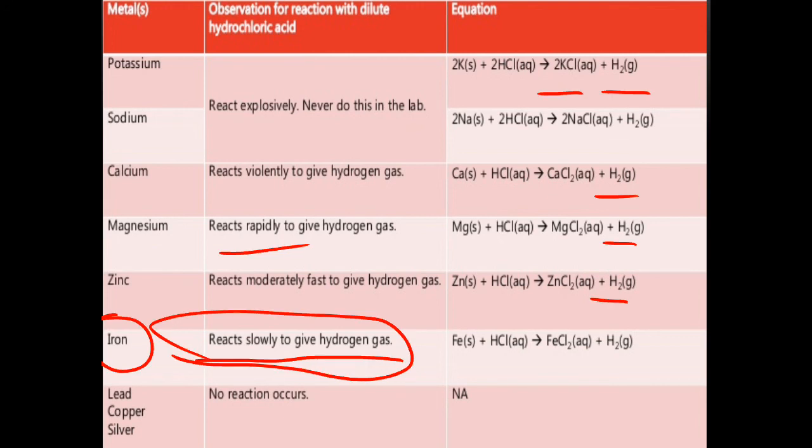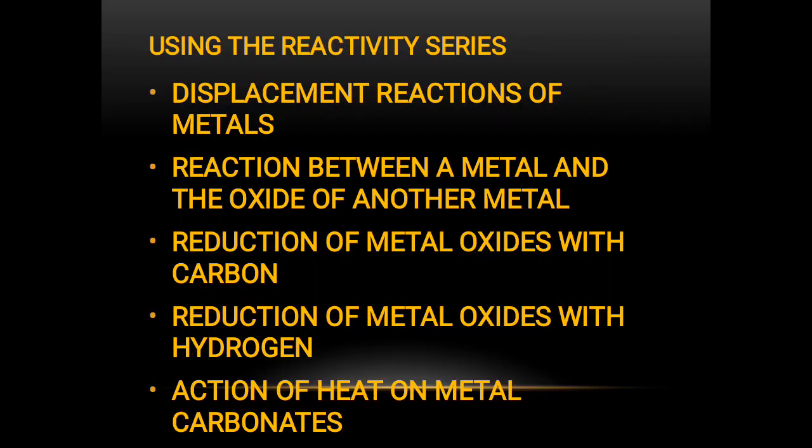And lead, copper, silver show no reaction with hydrochloric acid. Now, after studying all the reactions of metals with water, steam, and hydrochloric acid, now we have understood why these metals were arranged in such order.